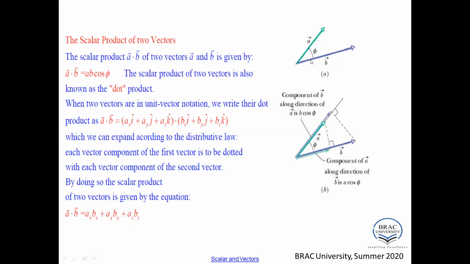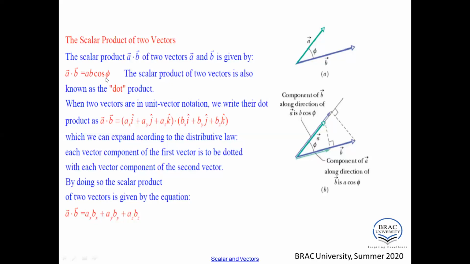Now in case of dot product or scalar product, the result of the scalar product of two vectors is a scalar quantity. So that's why we call it a scalar product. The scalar product of two vectors can be written as vector A dot vector B equal to AB cos phi.